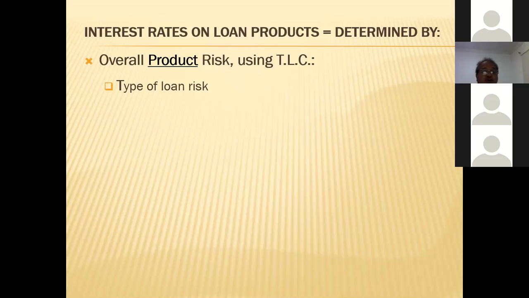Right. So the overall product risk, T stands for the type of loan risk. The second to consider is liquidity risk. What is liquidity risk? Liquidity is based on the funds that the financial institution has available to lend.